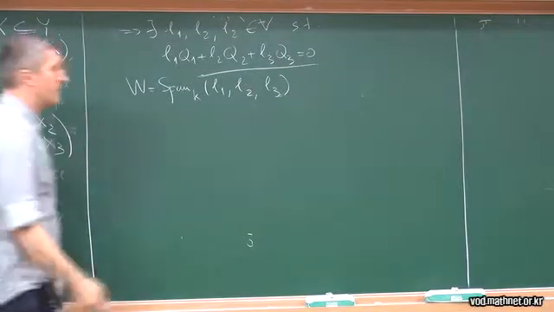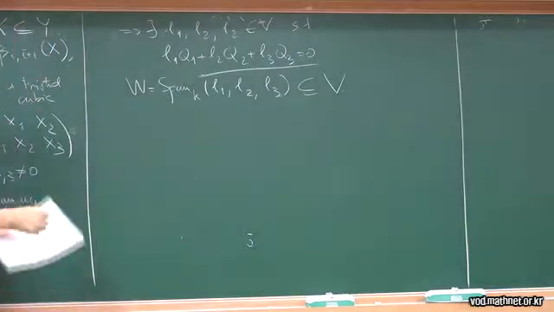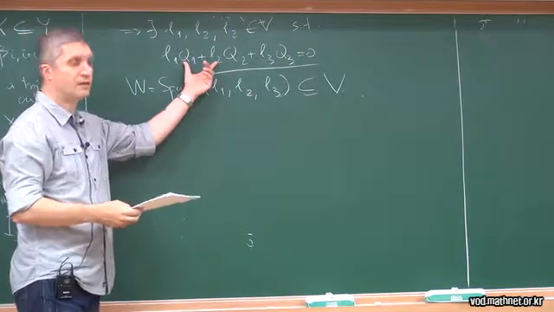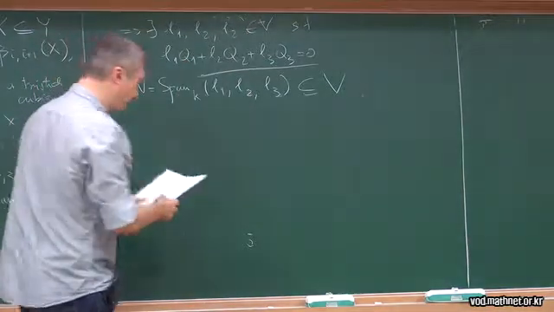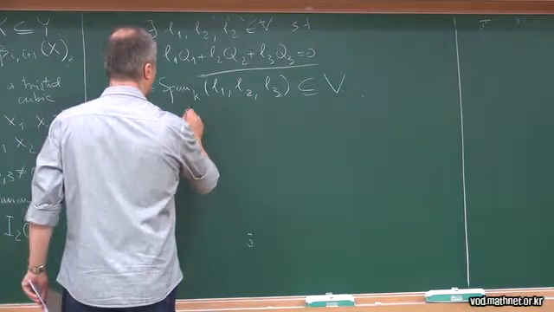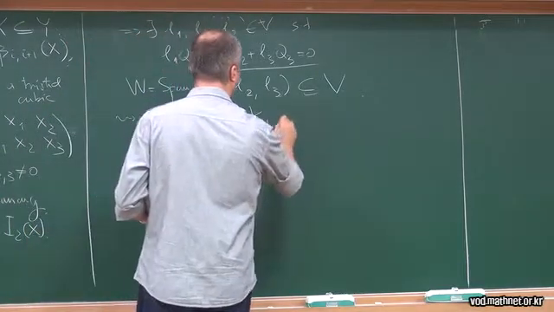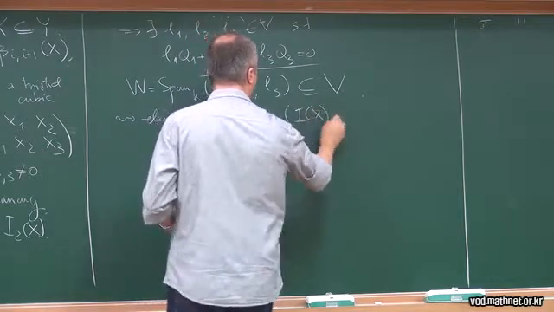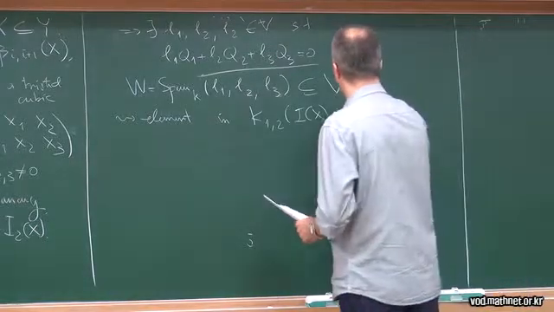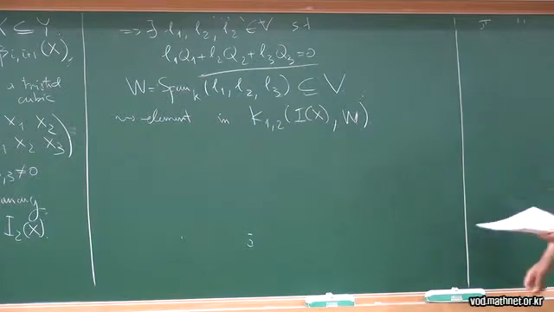It's inside V, which is of dimension 4, so W is of dimension 3 inside V. This relation will give us an element in K12 of Ix, but since we have three forms and not four, this is with values in this smaller subspace.